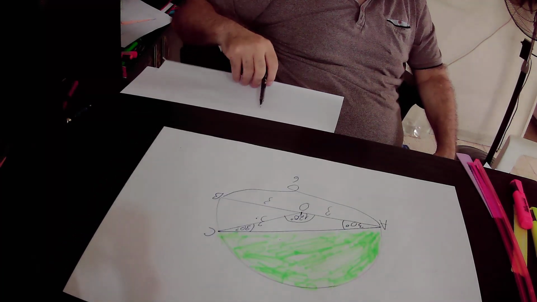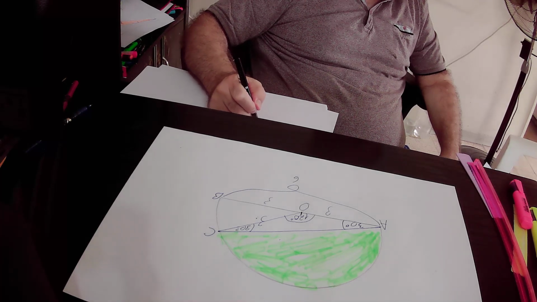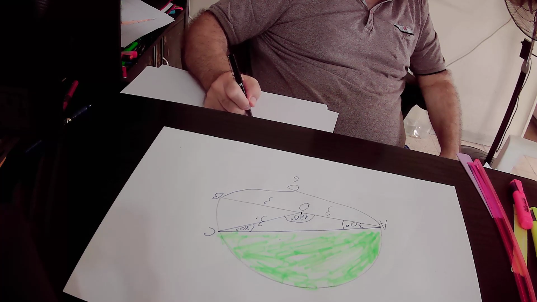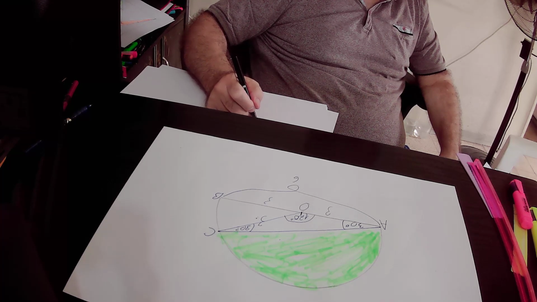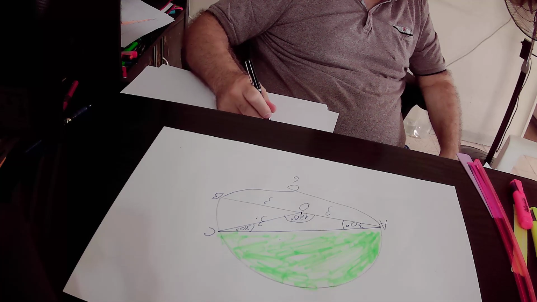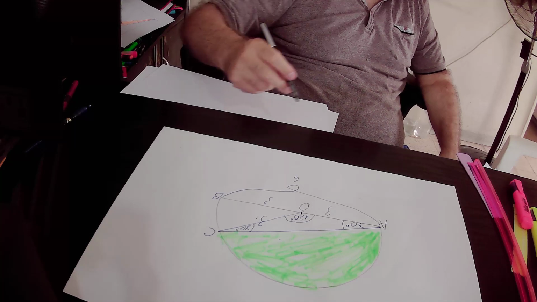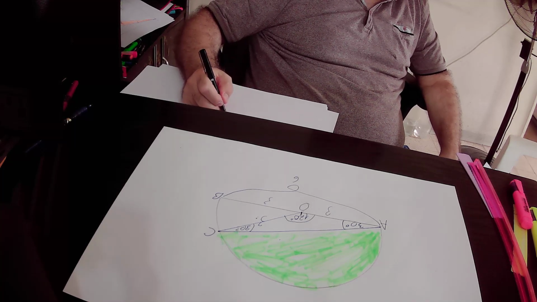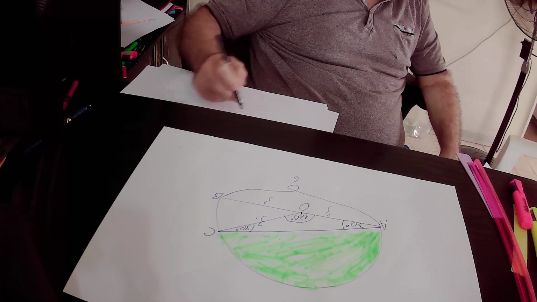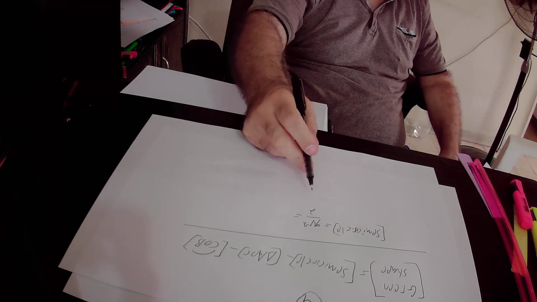What is the area of the semicircle? The area of the semicircle equals the area of the circle over 2. That is to say, it is equal to pi r squared over 2.